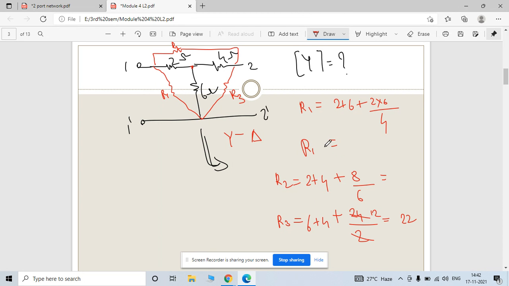And what is the value of this? 2 ones are 2, 2 twos are 4, and 2 threes are 6. So there is 3, so 11 value. And what is the value of this is 4 by 3. So 6, 22 by 3.